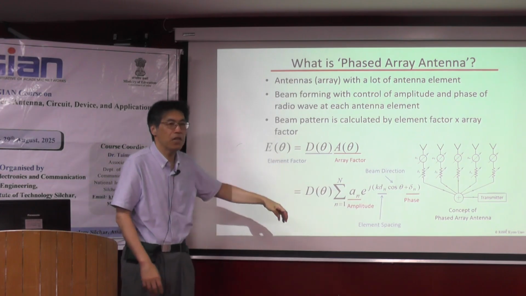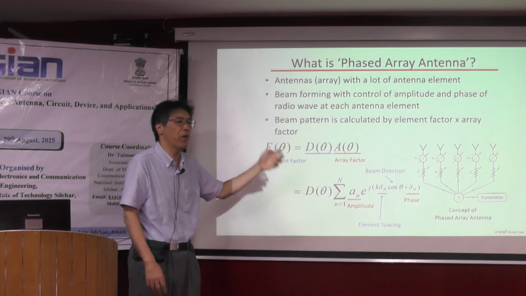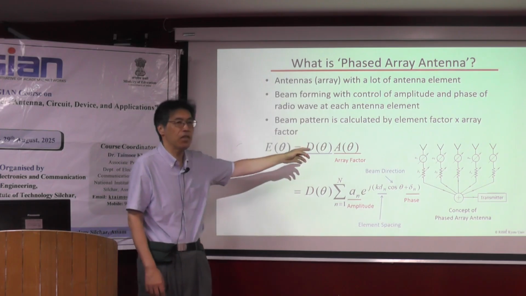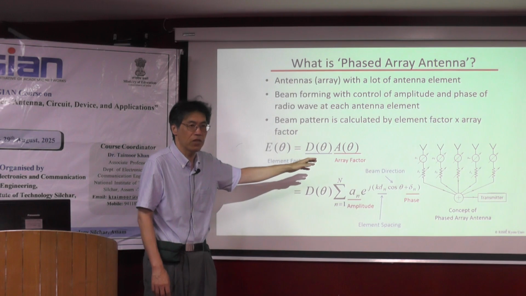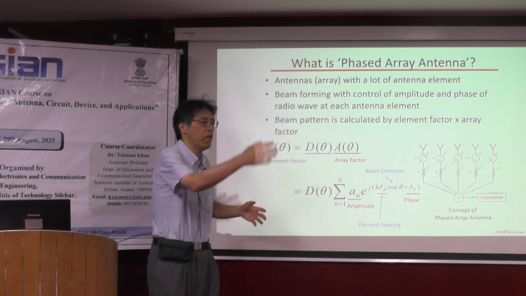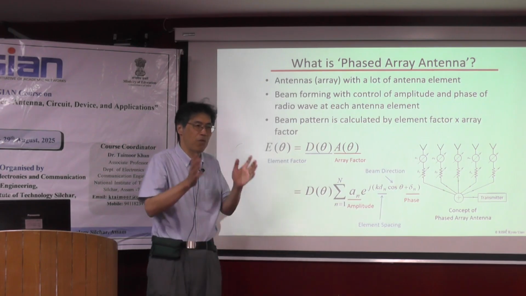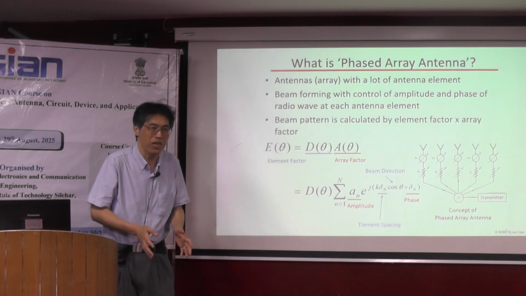And before the antenna, we control the amplitude and the phase of each radio wave. As a result, at the antenna, there are some phase and amplitude differences. And after propagating the radio wave from the antenna, as I mentioned again and again, we cannot do anything.